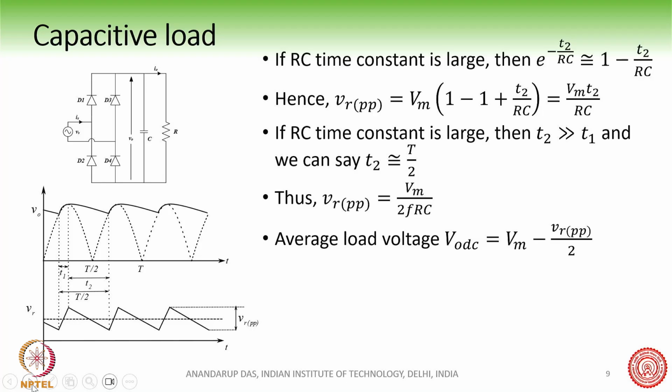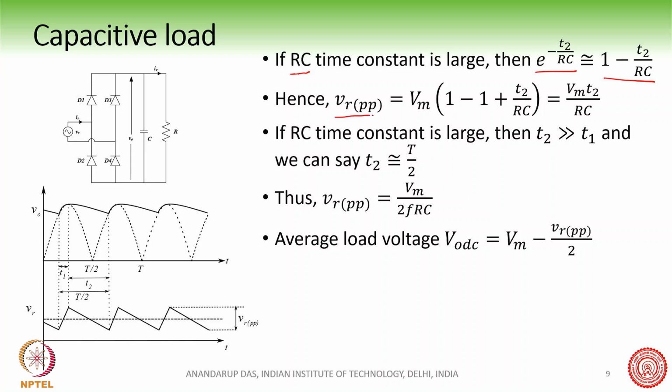we can further simplify this peak to peak ripple. If the RC time constant is very large, we can expand e to the power minus T2 by RC, the e to the power x expansion, and take only the first term, the second order terms being neglected. 1 minus x plus x square by 2, and the second order terms are neglected, so we get 1 minus e to the power minus T2 by RC can be written as T2 by RC.